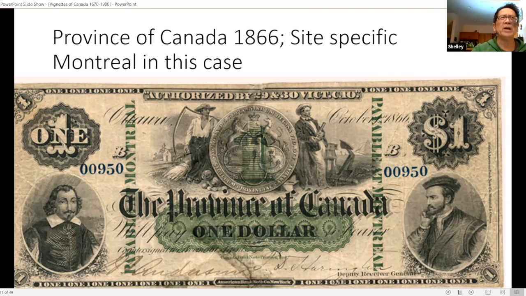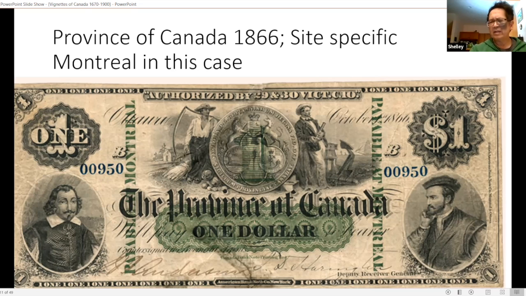It was so bad that, of course, what did the British do at the time with ne'er-do-wells? They sent them to Australia or Tasmania. So quickly, people in Upper and Lower Canada decided, look, we have to do something. We're either going to be reinvaded by the US or we need to start to form a union. So that's how the province of Canada was formed, basically around 1866.